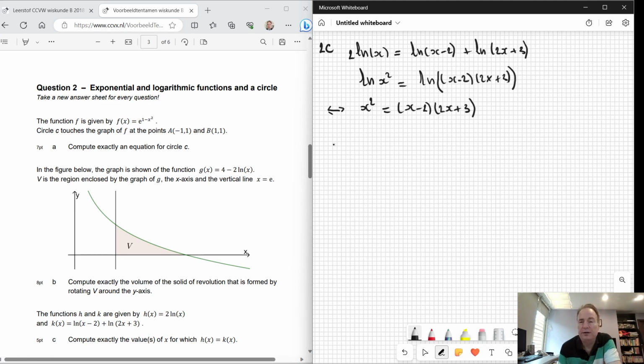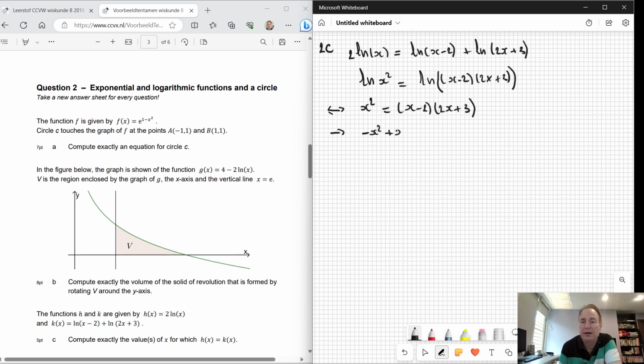All right, now it's just algebra. Combine all the like terms, so you get an x squared, and here you get a 2x squared. So I bring this to the left, I get negative x squared. And minus 4x plus 3x is minus x.